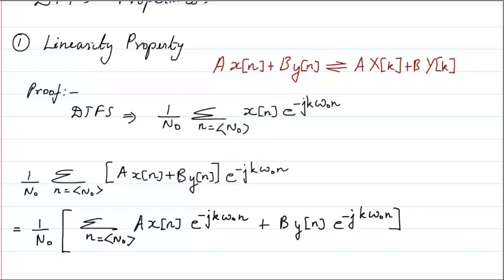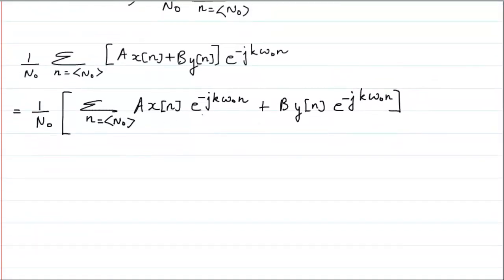Now this I can split up for the two parts. That means I will split the summation for this one as well as this one and take the constants a and b out of the summation.